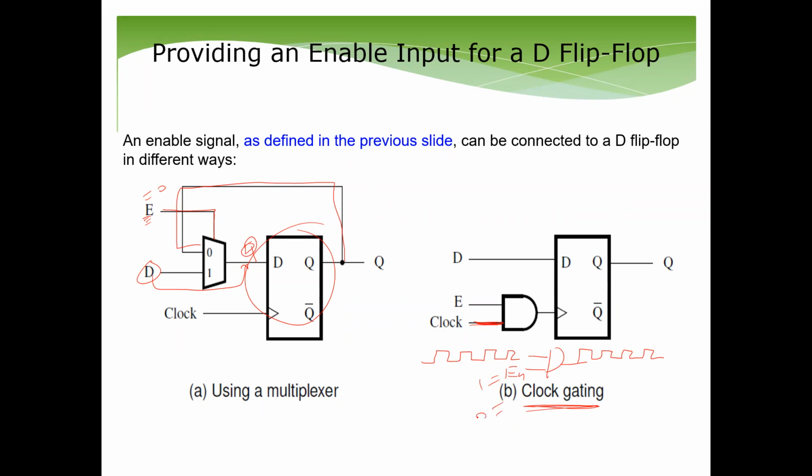But if enable equal to 0, your output is 0. And if you don't have any edge changes for a flip-flop, there will be no change in Q. So we have these two ways to implement the enable, either using a multiplexer or using what is called clock gating.